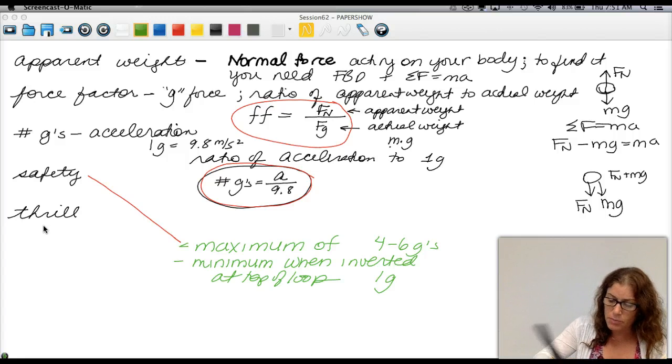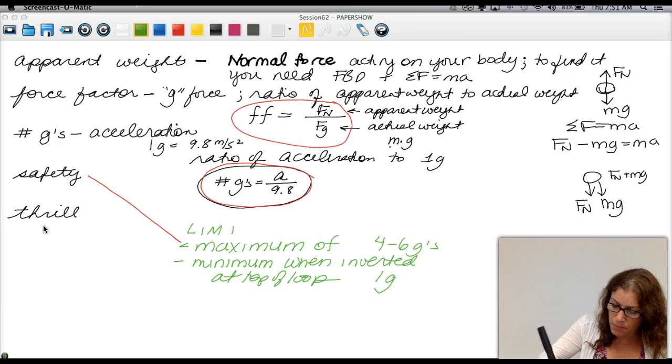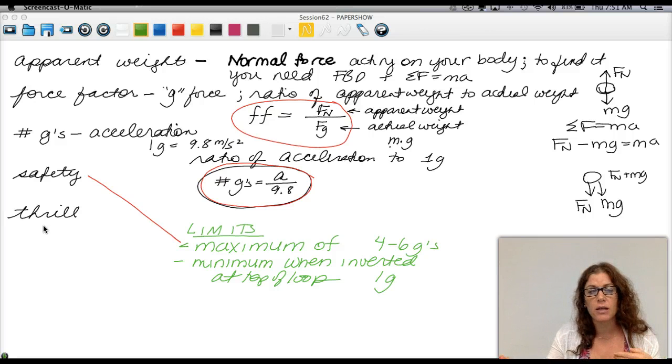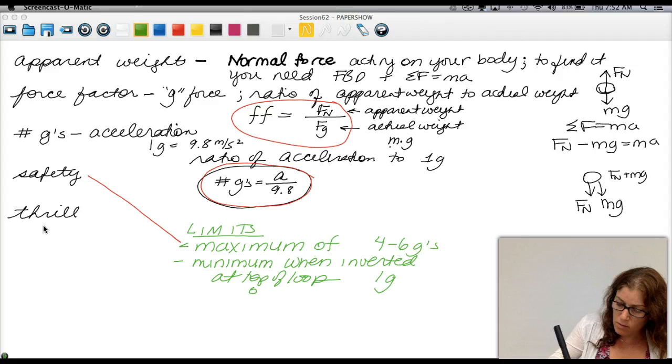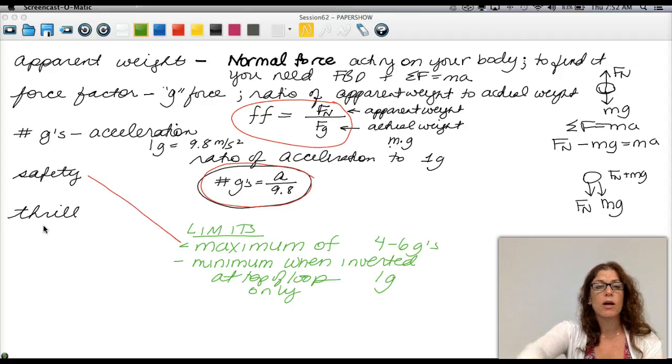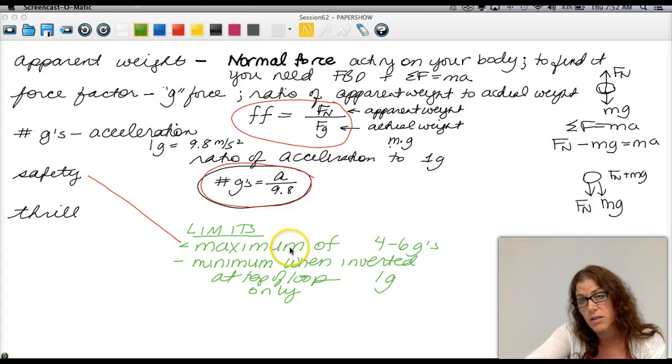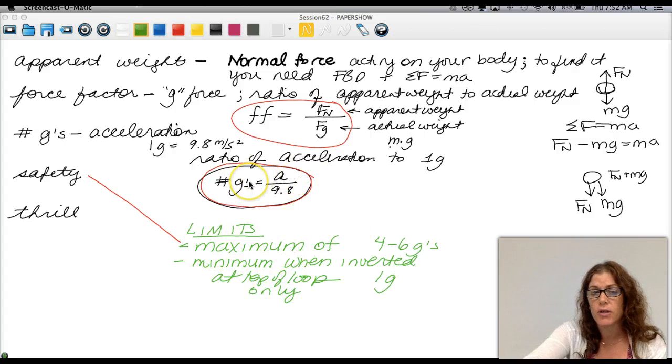So these are your limitations for safety. So when they're designing a roller coaster, these are the limitations on your ride. And this is why we're doing this analysis, to get a sense of where it is safe, or is the ride safe, and why do you feel what you feel?